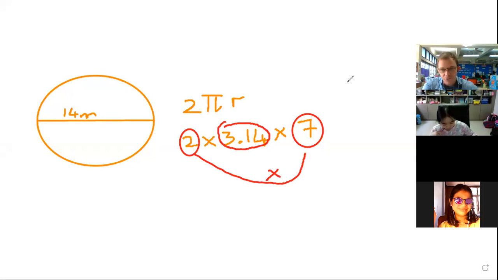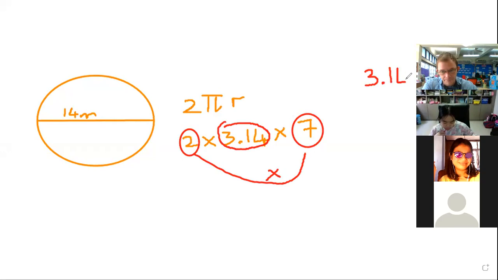So 2 times 7 is 14. So we're going to go 3.14 multiply 14. Doesn't matter where you write them. Just remember there are 2 decimal digits behind the decimal point. So 4 times 4 equals 16. 4 times 1 equals 4 plus 1 equals 5. 4 times 3 equals 12.